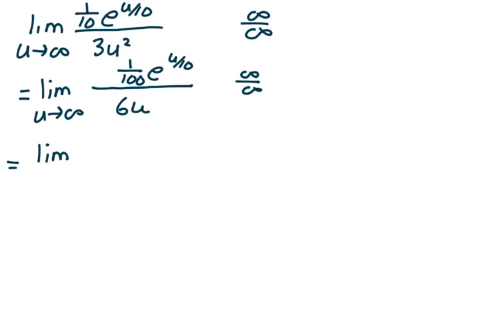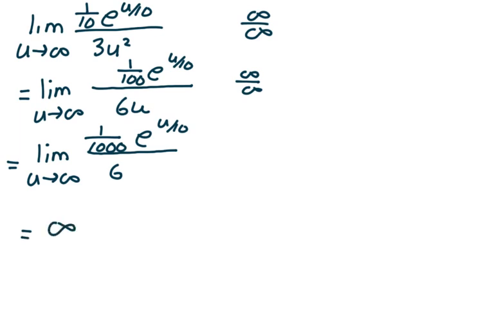If I take the derivative of the bottom, I get 6. If I take the derivative of the top, I get 1 over 1,000 e to the u over 10. Interestingly, when you plug in infinity, you get the answer of infinity. And when you get infinity, that's just a fancy way to say the limit doesn't exist.